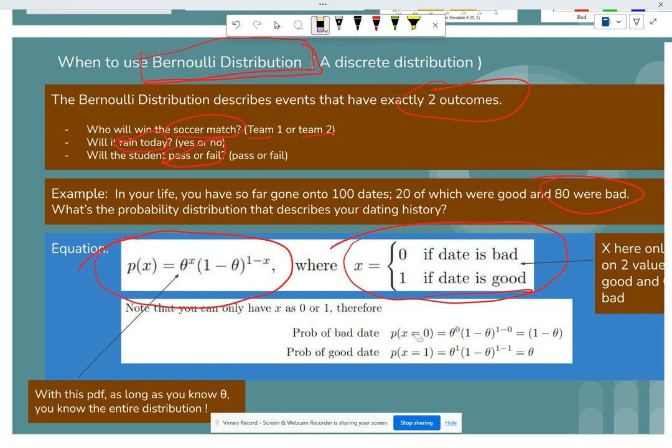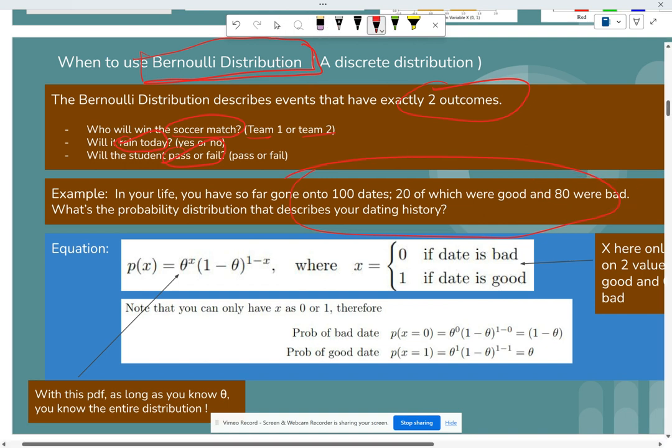So in this case, if you went on 100 dates and 20 were good, therefore the probability of a good date is 20 over 100, which is 1/5. And then the probability of a bad date is 1 minus 1/5, which is 4/5.